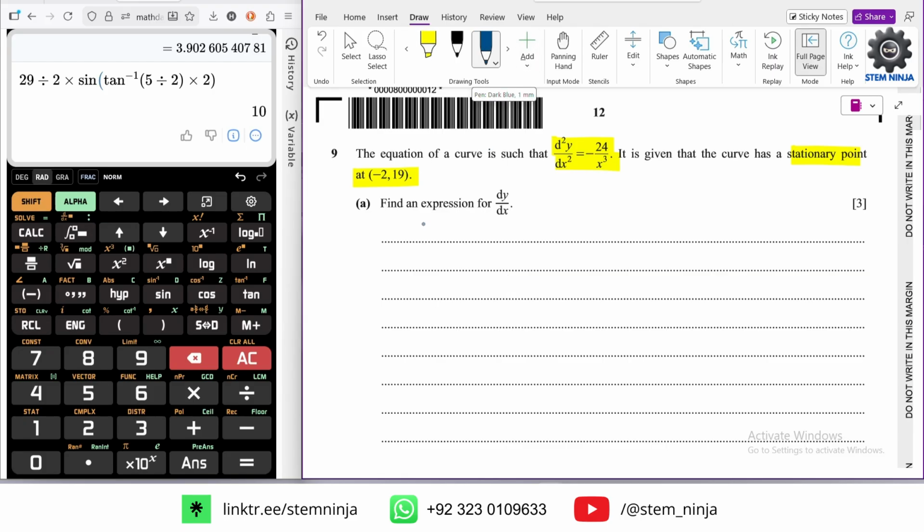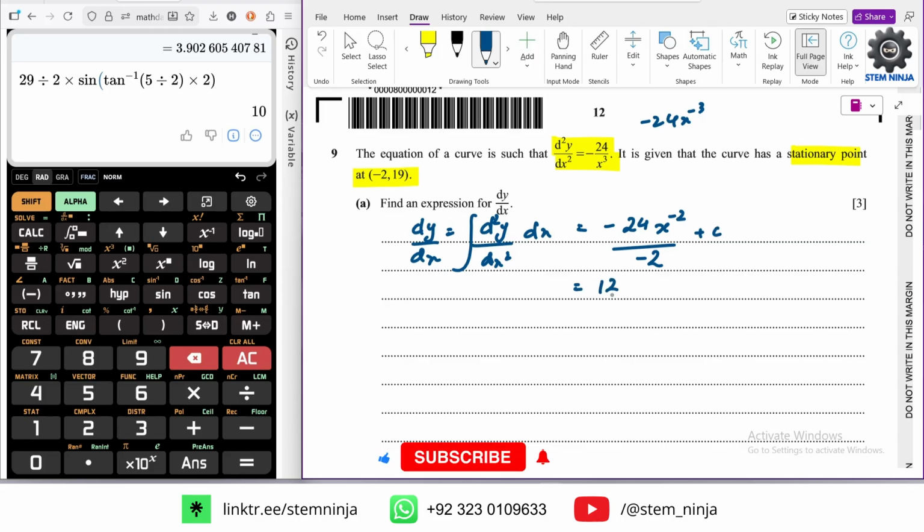Okay, so when you integrate d squared y over dx squared dx, you basically have minus 24x raised to power minus 3. So this becomes minus 24 x to the minus 2 divided by minus 2 plus c. So this becomes 12 over x squared plus c.